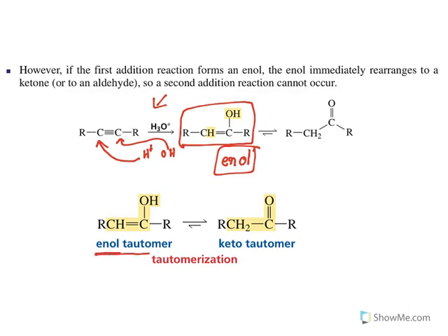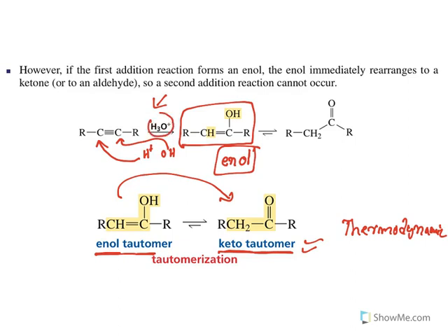Now this enol tautomerizes to give the keto tautomer. These two are isomers. Because of thermodynamic stability. Thermodynamic stability means the most stable product. When you see this, ketones are more stable than enol, so this enol will try to convert into keto form. So when these alkynes react with hydronium ions, they will form enol which will get converted to ketones.